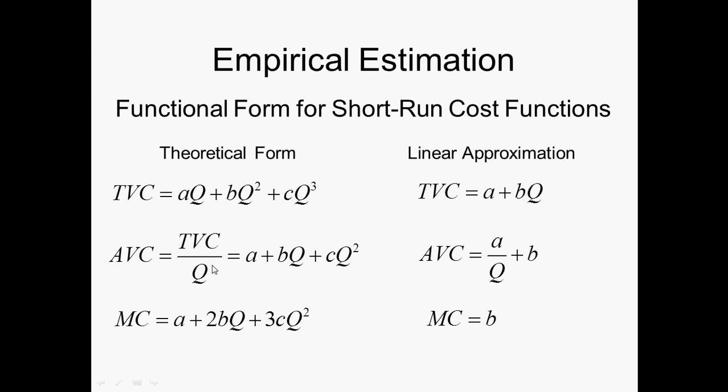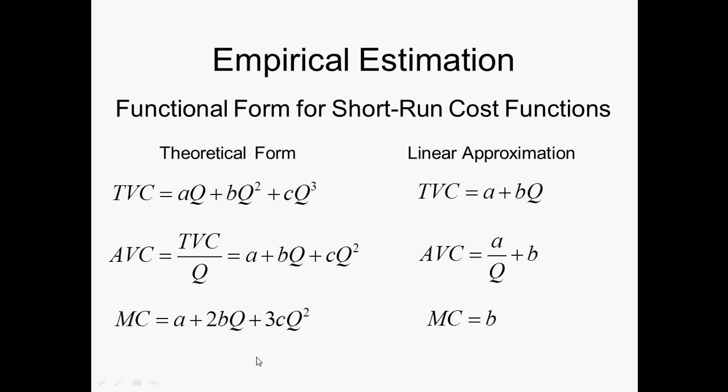Same function, average variable cost: just divide each term by Q, and we get A plus BQ plus CQ squared. Here, we just divide by Q again. This would be our estimate of average variable cost. And then marginal cost is the derivative of this, and marginal cost here, again, the derivative of this.